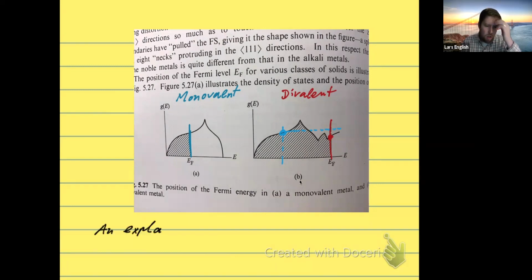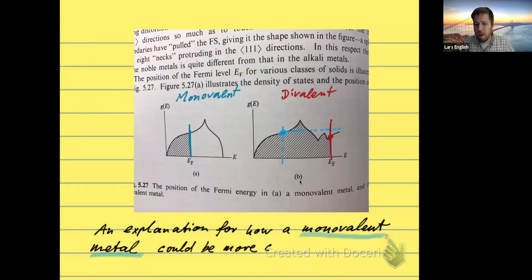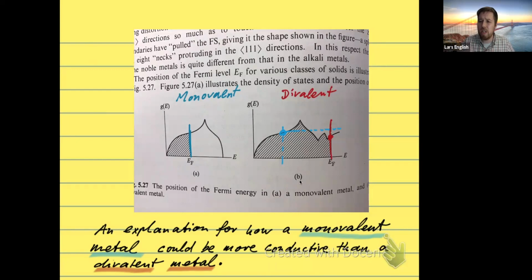And so we have here an explanation for how a monovalent metal could be more conductive than a divalent metal. This is the thing that didn't make much sense in the Drude model. From one point of view, we might say that a divalent metal has a lot more electrons floating around compared to the monovalent metal.